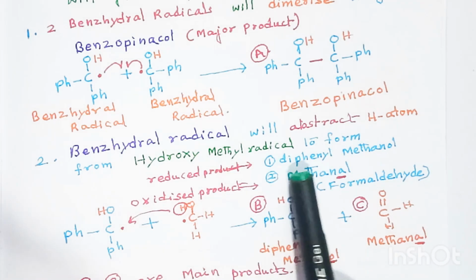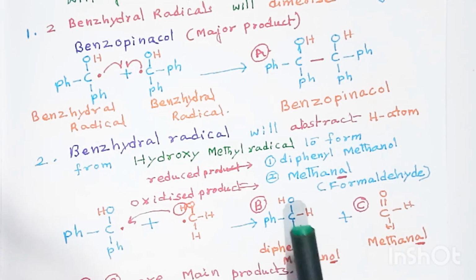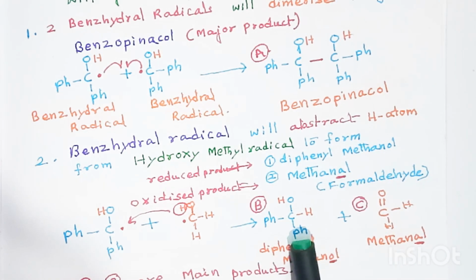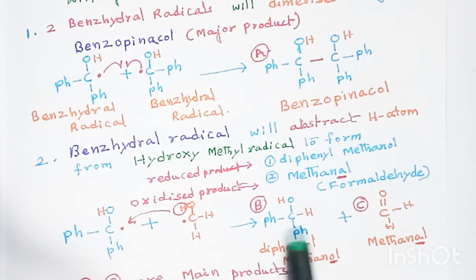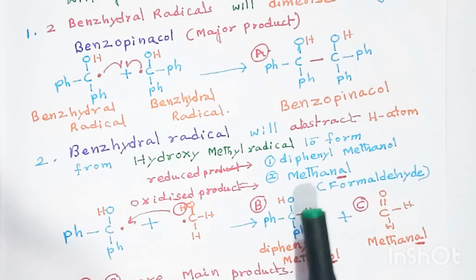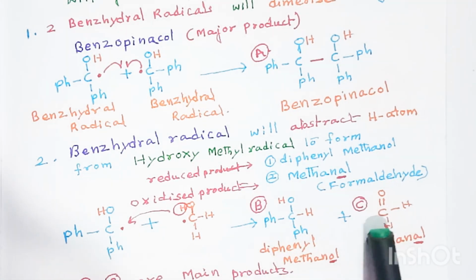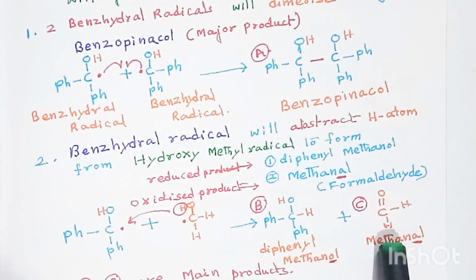See, to the carbon atom, 2 phenyl groups are attached and an OH group is attached, so it is called diphenylmethanol. This is a reductive product, whereas formaldehyde is an oxidative product.